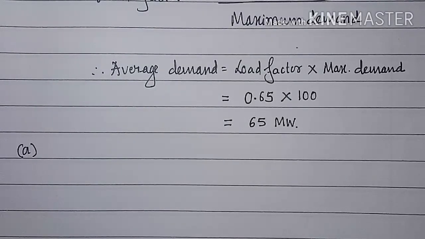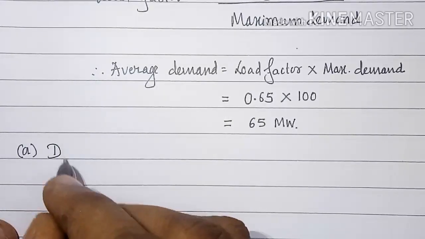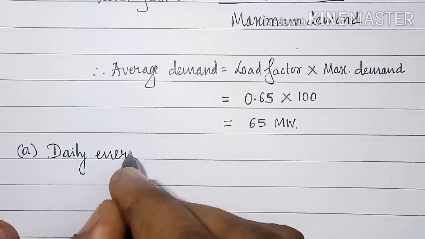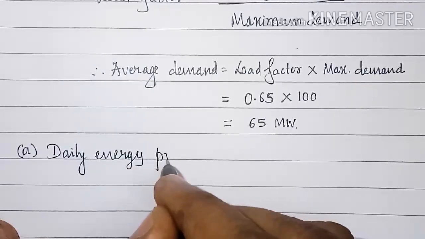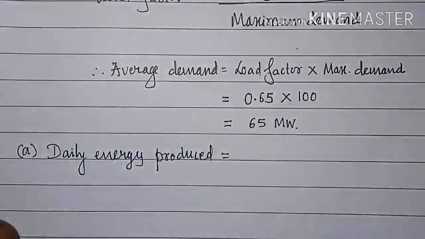The daily energy produced. Daily energy produced is average demand into 24 hours, because in a day there will be 24 hours.